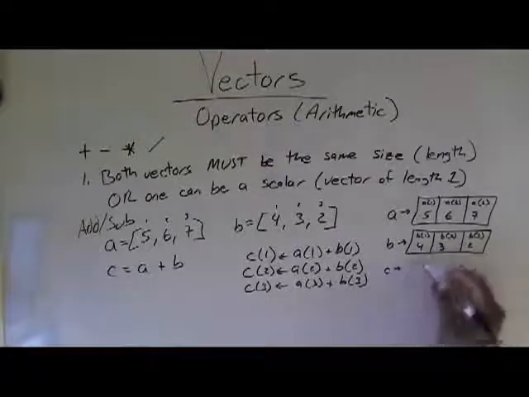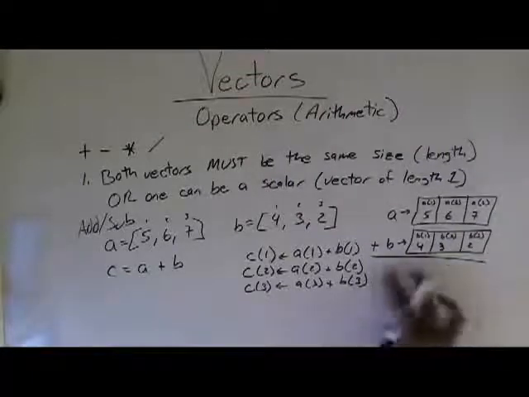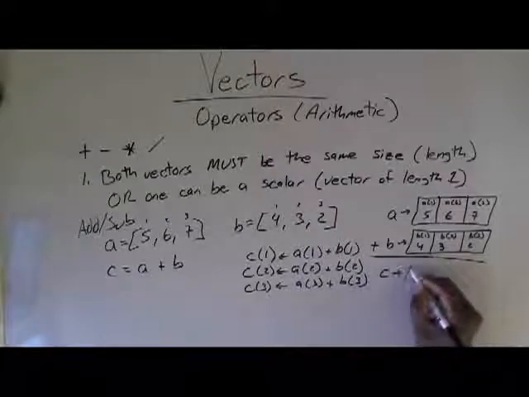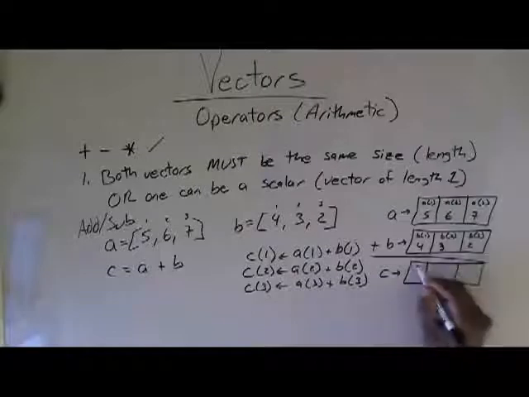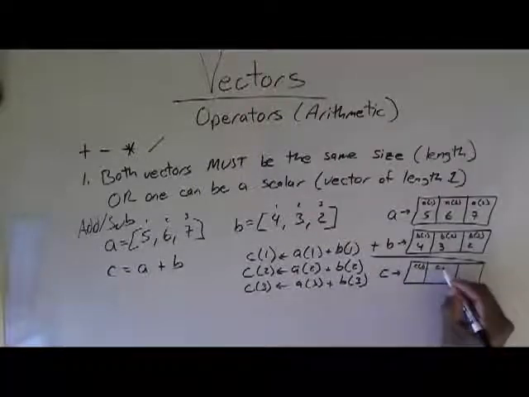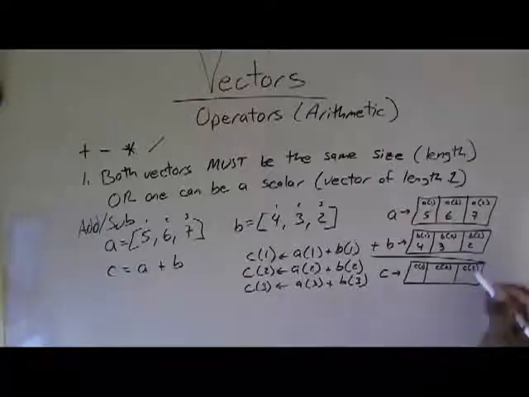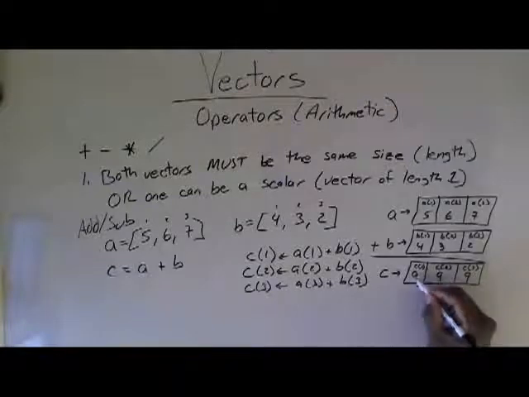Then vector C, you can almost think of it as the addition of them, C1, C2, C3, is going to be 9, 9, and 9.